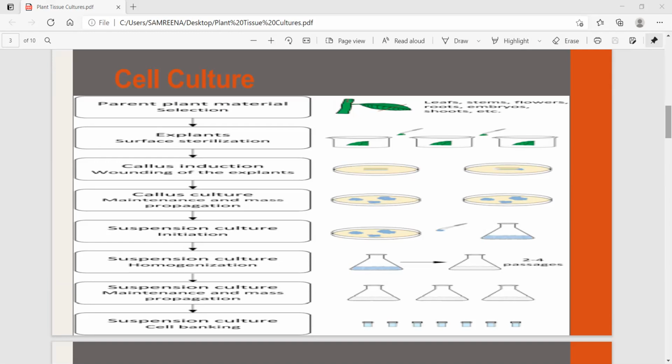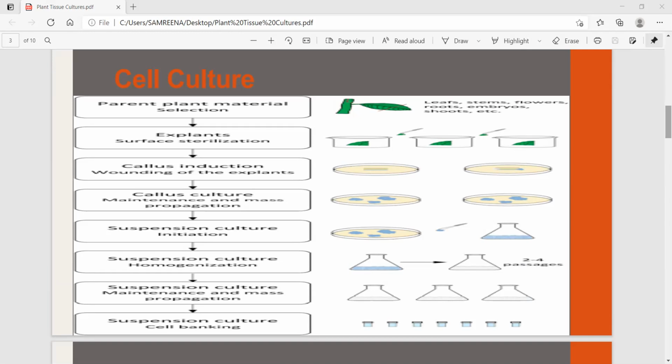This is how cell culture is formed from callus culture. Or we can take intact plant organs, which can be broken down using enzymes, so that we get single cells. When we have the callus, we have to transfer it into fresh liquid medium.